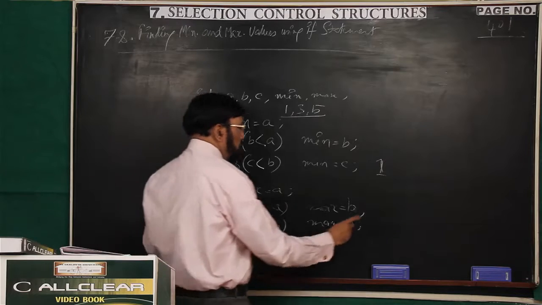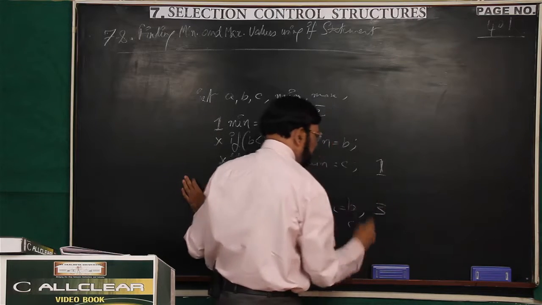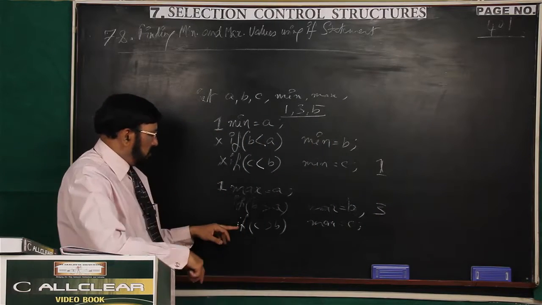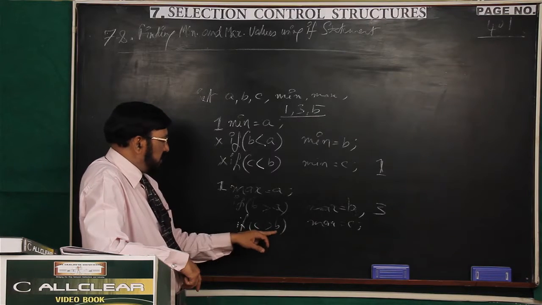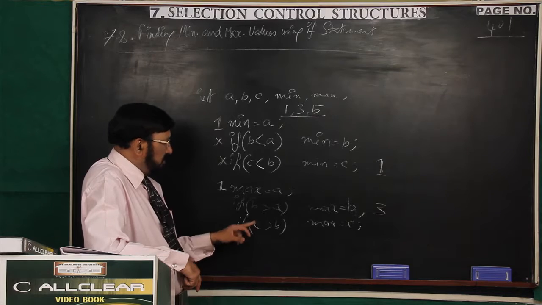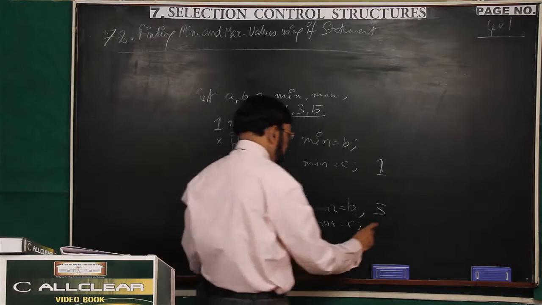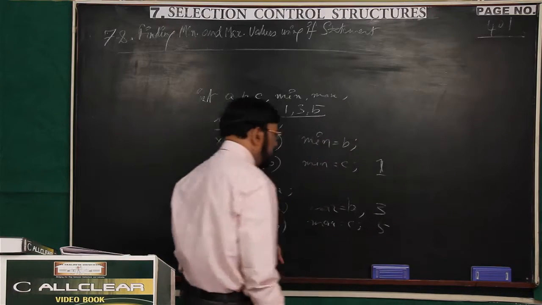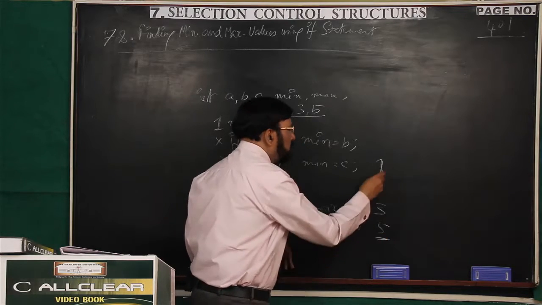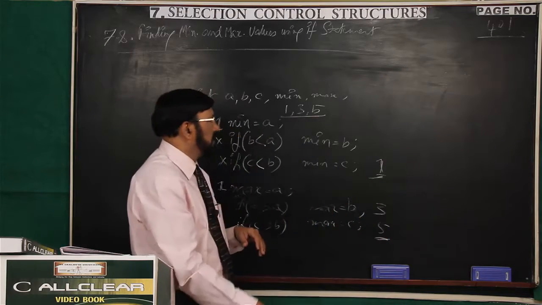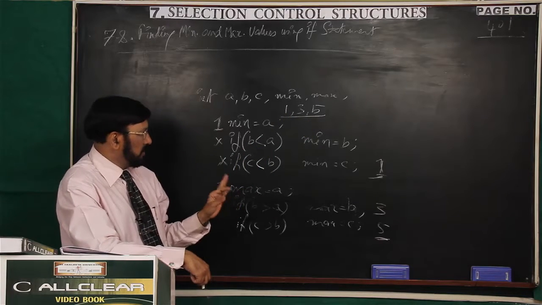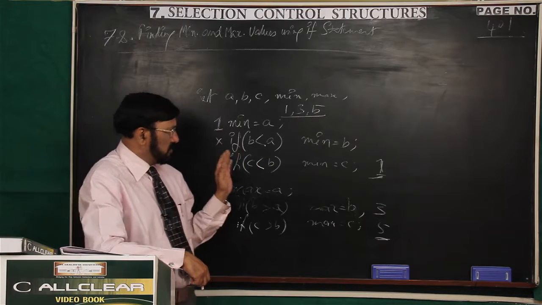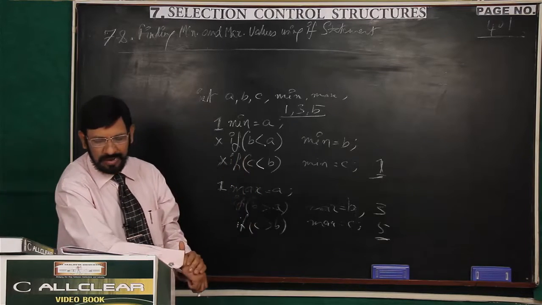Then what is max? 3 is max. Then if C is greater than B, then this is also true. Then present max is 5. So now 1 is min and 5 is max. That is true also. These are simple values, you can know that. That's why you feel that this logic is working well.